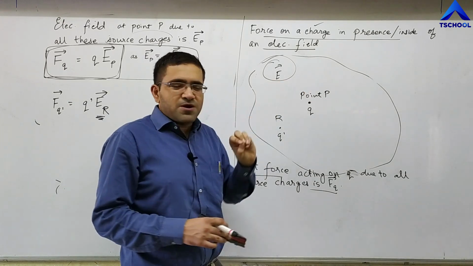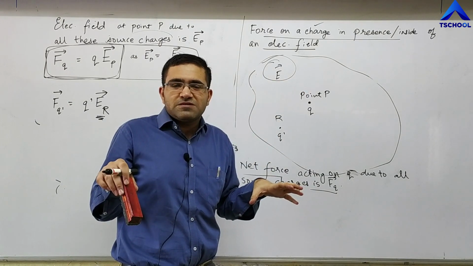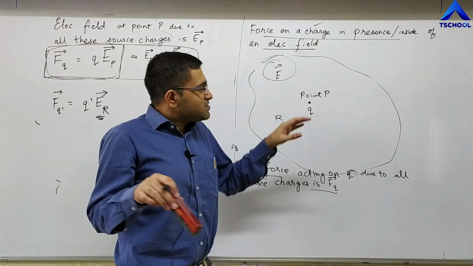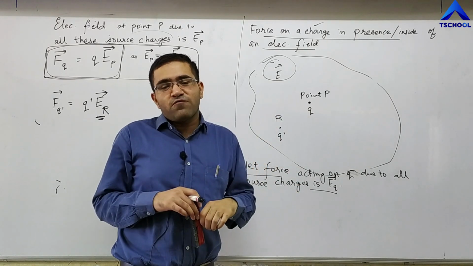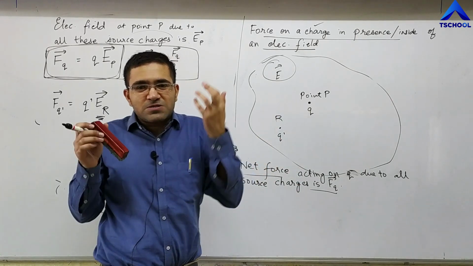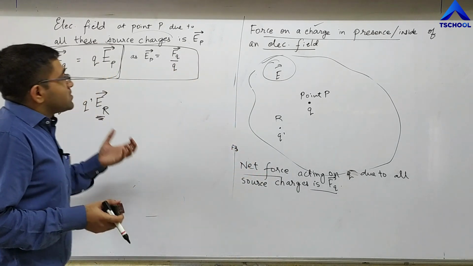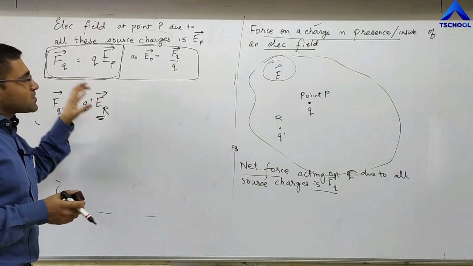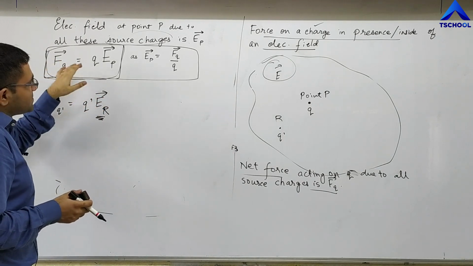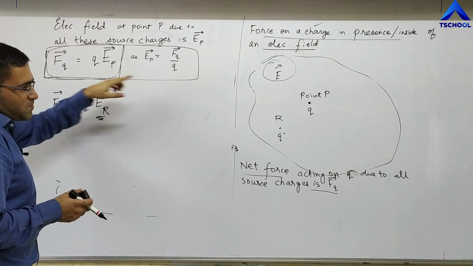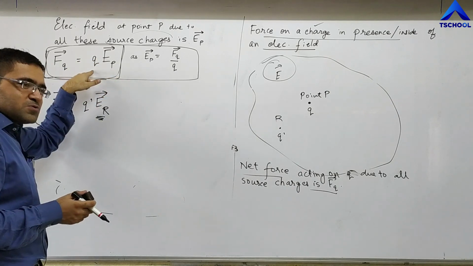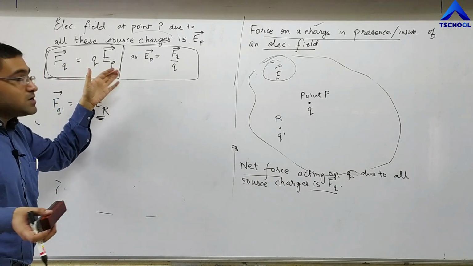Whenever a charge comes inside that space where there is an electric field, this charge is going to experience a force, because charges apply forces on each other, right? So how much force does that charge experience? The charge Q at P will experience a force Q times E_P.